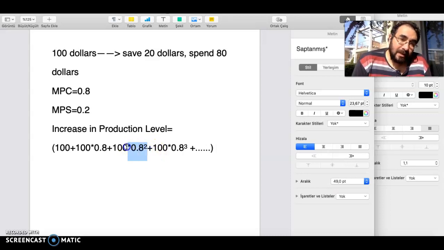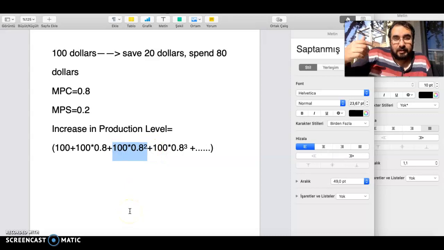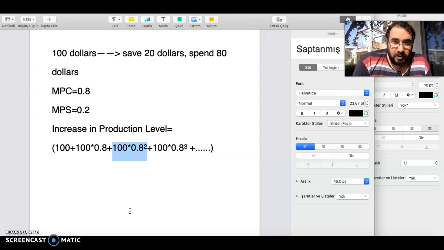And then the next person will take this 100 times 0.8 squared dollars, which is $64, and save 20% of it, and spend 0.8 of it. So basically, this will be a spending equal to 100 times 0.8 cubed.